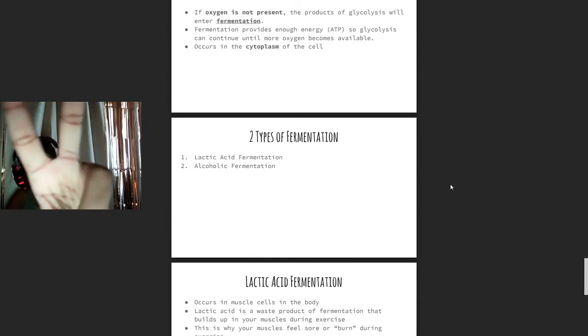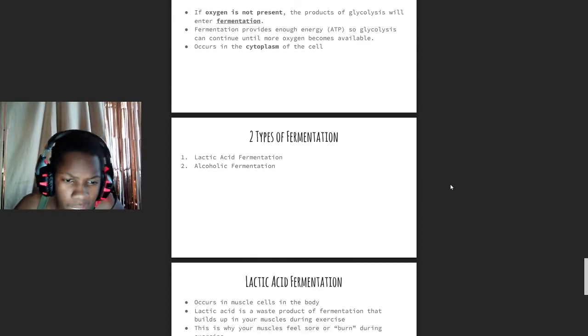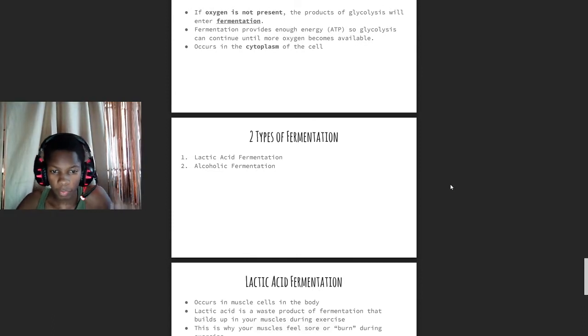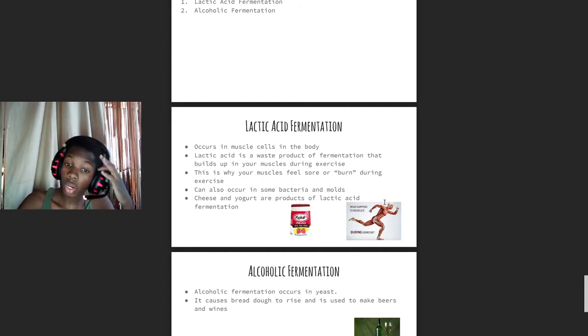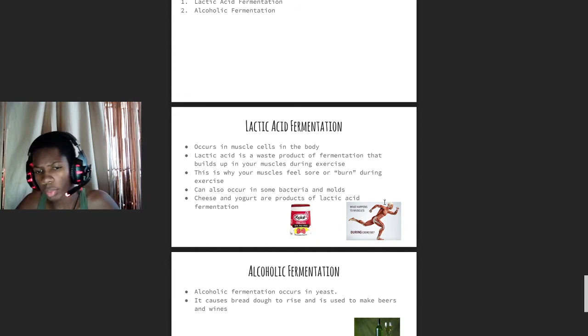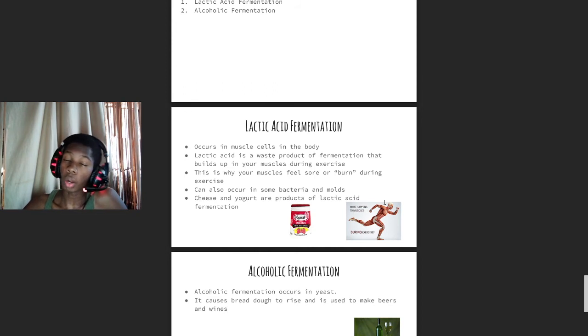There are 2 types of fermentation: lactic acid fermentation and alcohol fermentation. Lactic acid fermentation occurs in muscle cells of the body. Lactic acid is a waste product of fermentation that builds up in your muscles during exercise, which is why your body feels sore, with a burning feeling, when you're done exercising.